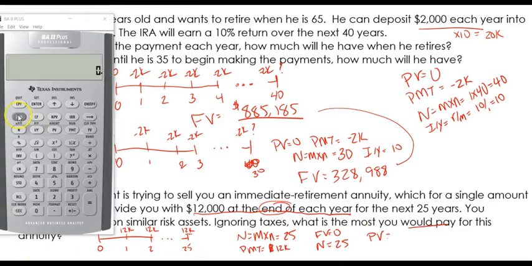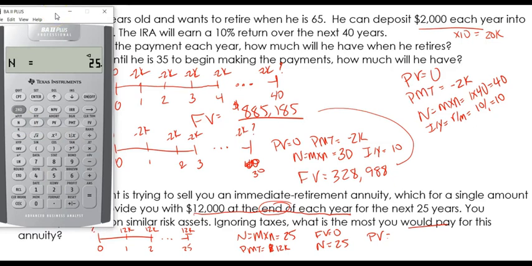So first step is to clear our time value of money. We have 25 years. We earn 9%. Forgot to write that down. I wrote N twice. I didn't write down I/Y. Our payment is $12,000.